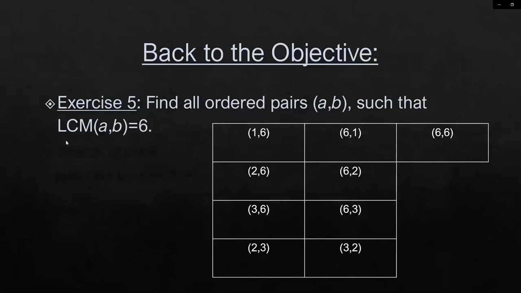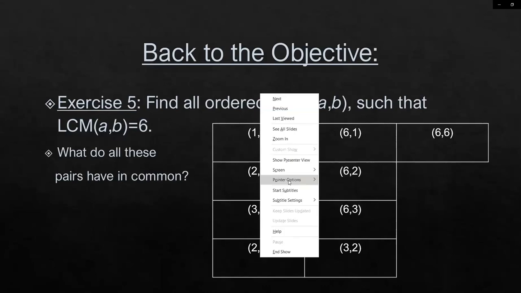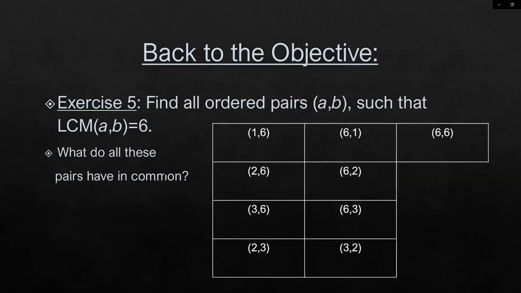Okay, so now let's look at what these guys have in common. I want to make some comment here about those pairs, what they look like. I'm going to change the color. Let's notice what these guys have in common.